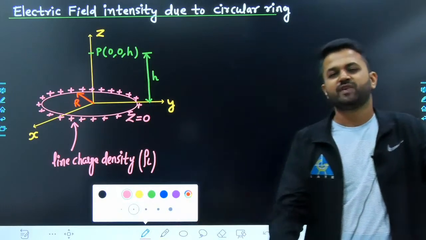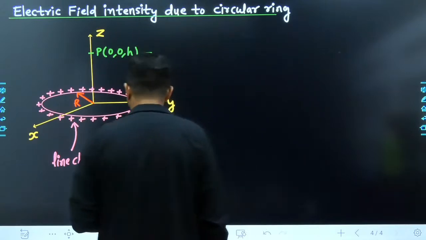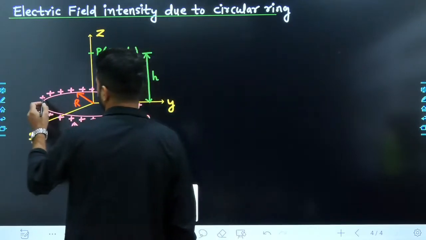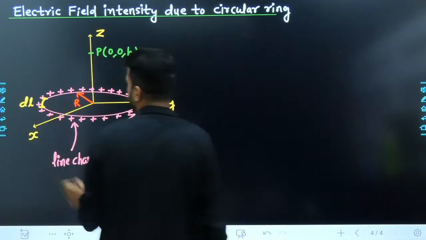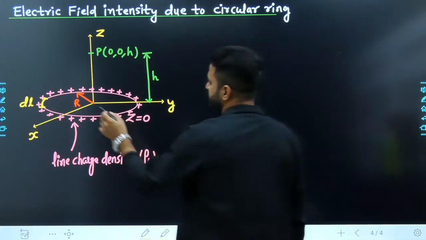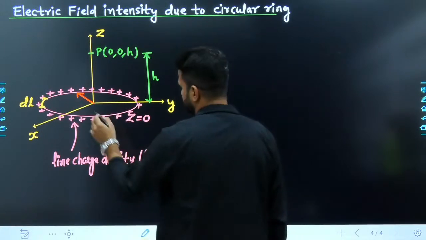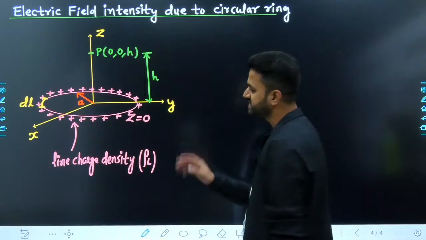So if you want to find the electric field, you have to take the differential length again, and suppose you take the differential length here, then this radius, let us represent it by A because the notation is going to be the same now. So the radius of the circular ring is A, suppose.